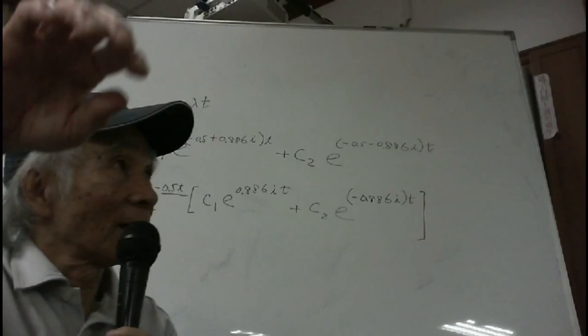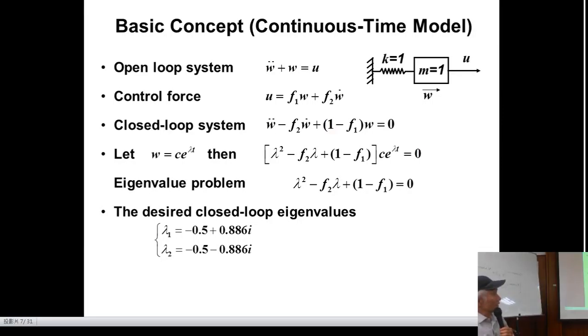Okay, now let us look back here. So that's why I choose lambda 1 and lambda 2. Here I have minus 0.5 plus 0.886i and minus 0.5 minus 0.886i.